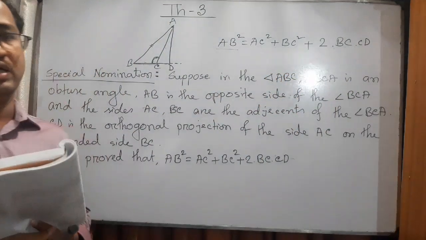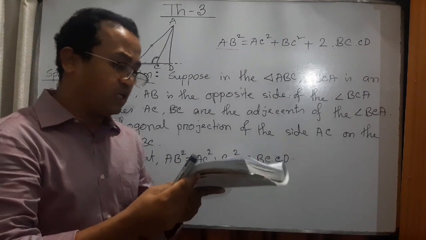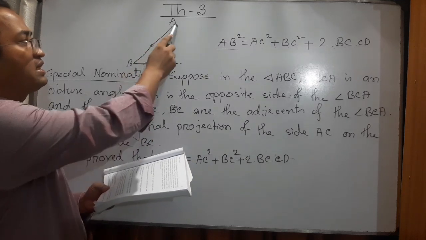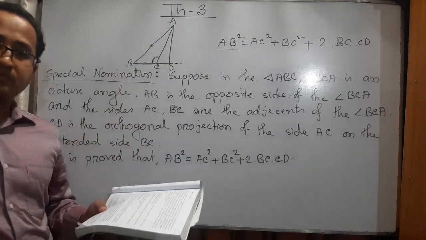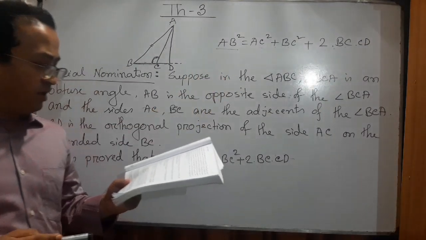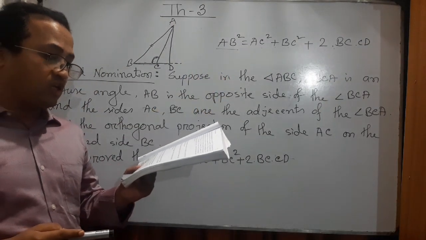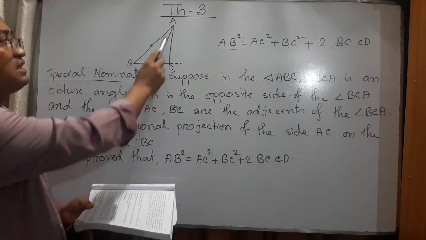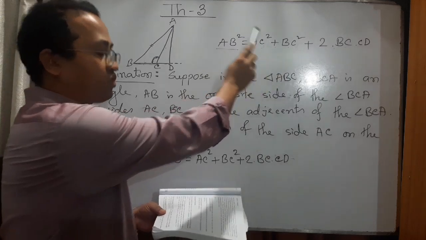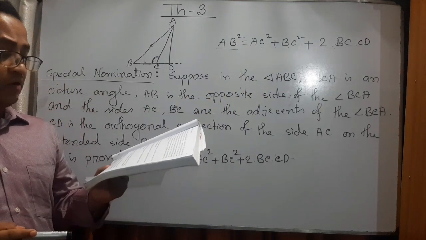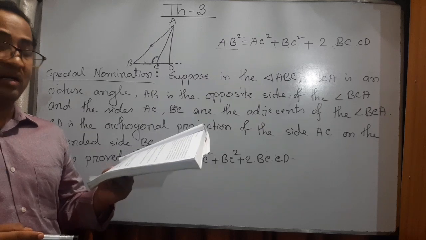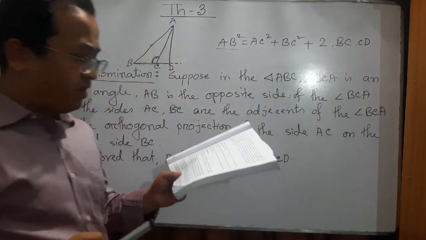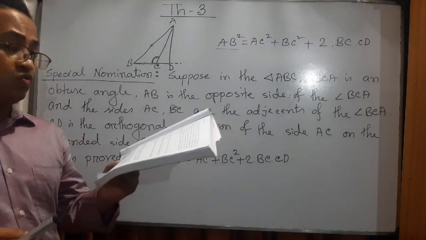Again I read the question, you match this. The area of the square drawn on the opposite side of the obtuse angle triangle, AB square, is equal to the total sum of the two squares drawn on the other two sides, AC square plus BC square, and the product of twice the area of the rectangle, length into breadth, contained by either of the two other sides.